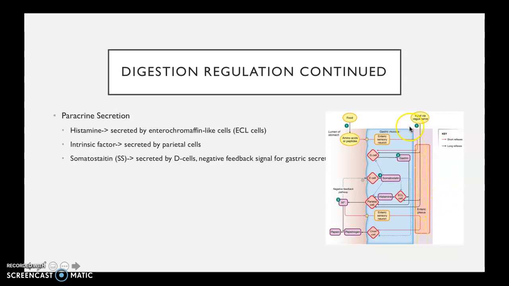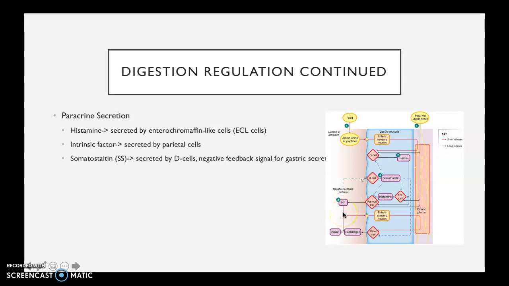To review it, these inputs happen in the phase before the gastric phase. And then we have the G cells, which secrete gastrin, that act on the parietal cells to form the acid.